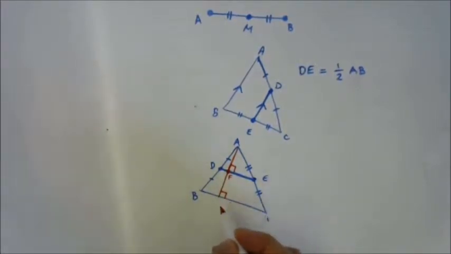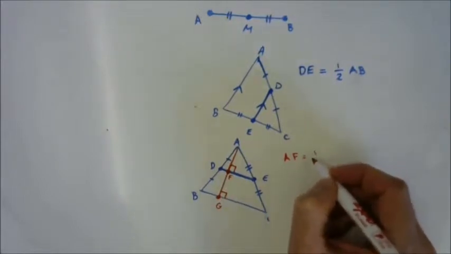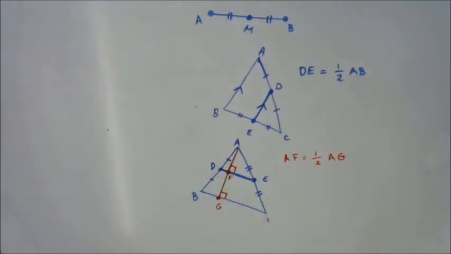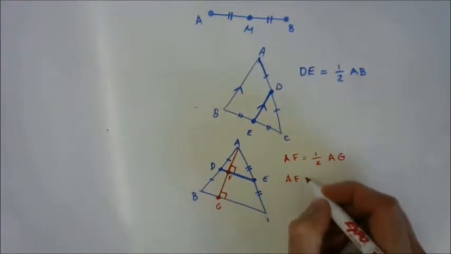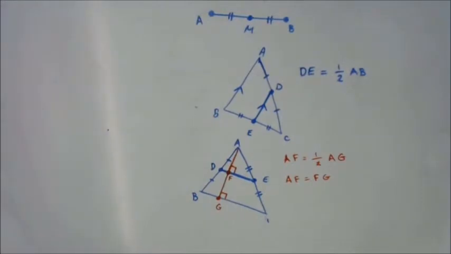You can call that F. You can call that FG. And what we've learned is that AF is half the length of AG. Now that also tells us that AF equals FG. They're the same length.